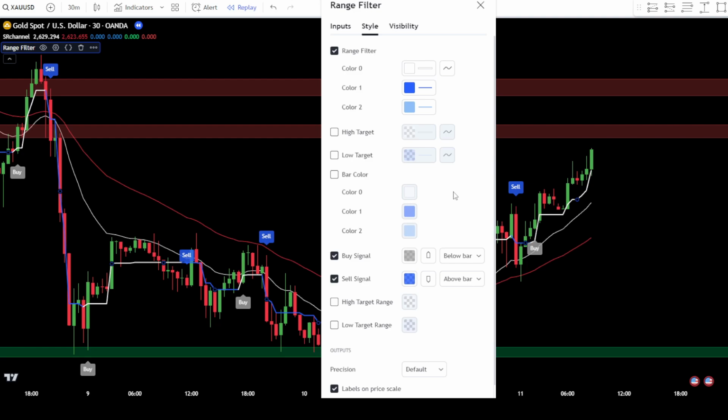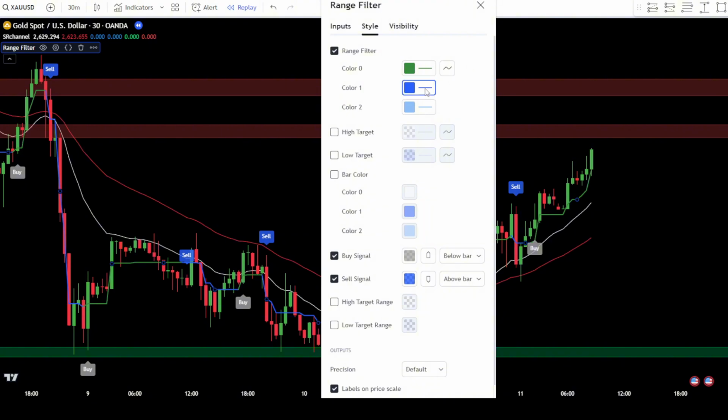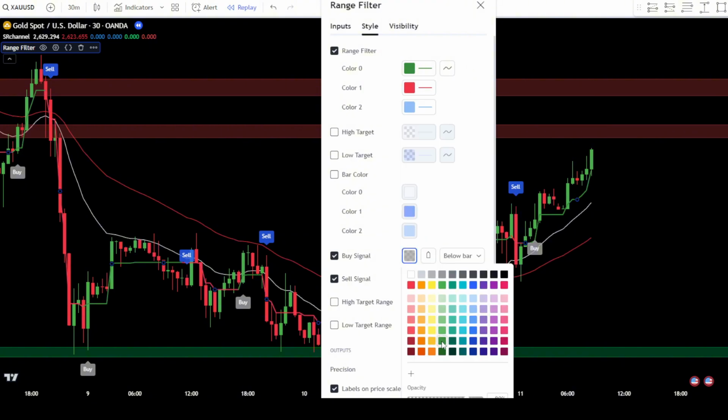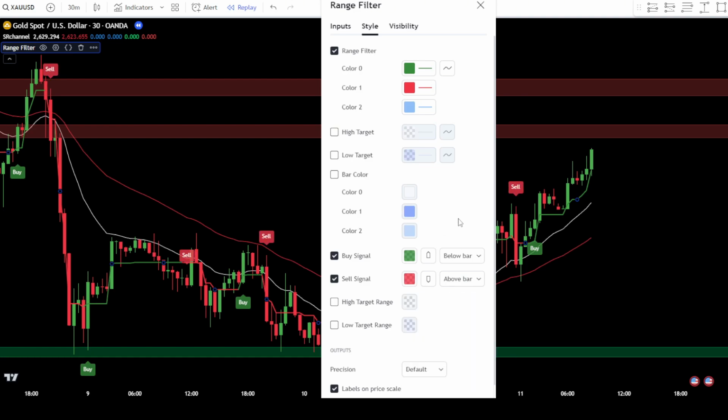Then, adjust the colors of the Range Filter, Buy Signal, and Sell Signal to your preference. Once done, simply click OK to confirm the changes.